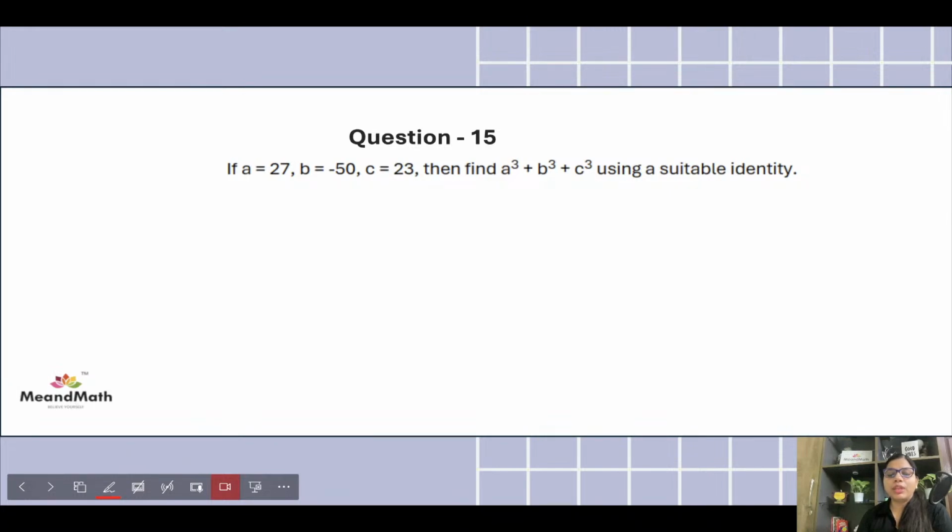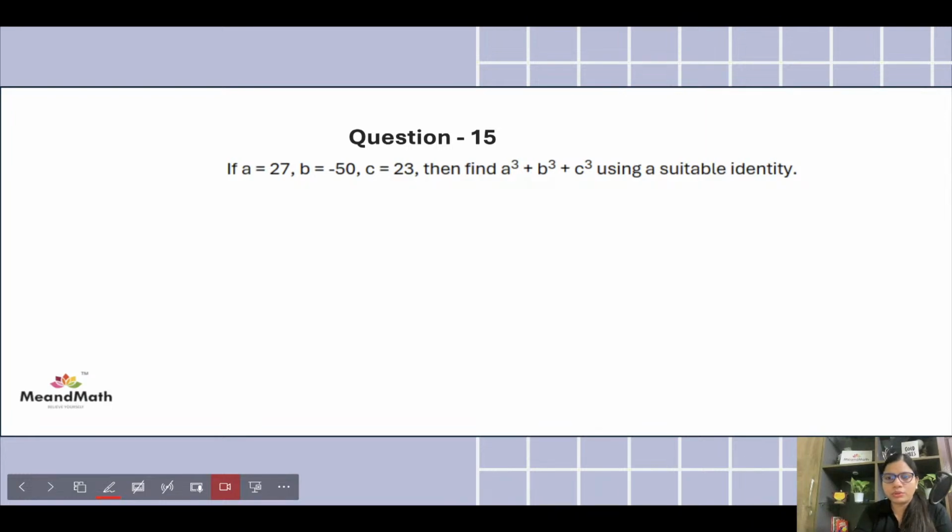A is 27, B is minus 50 and C is 23. Then find A cubed plus B cubed plus C cubed using the suitable identity. You have to think of, we have many identities there.